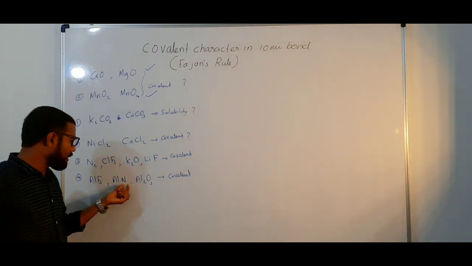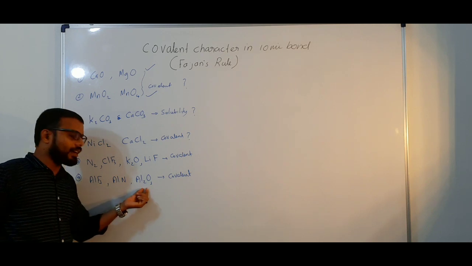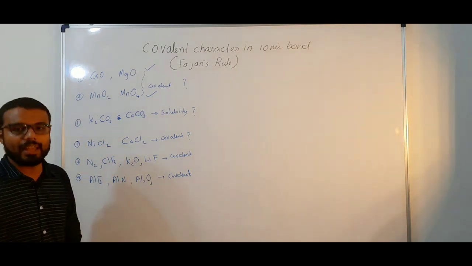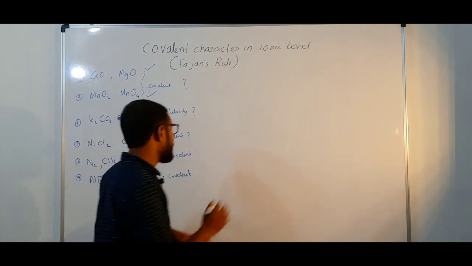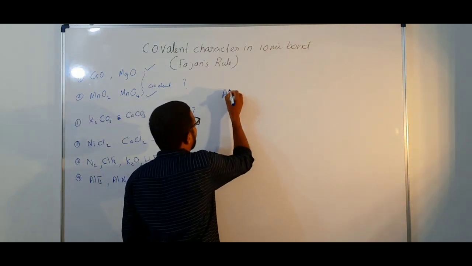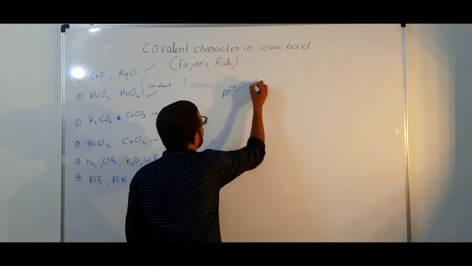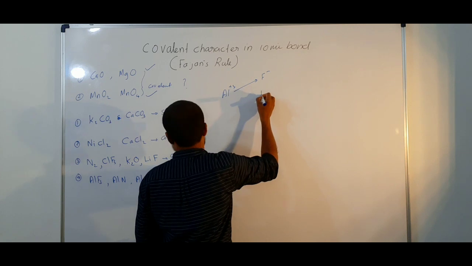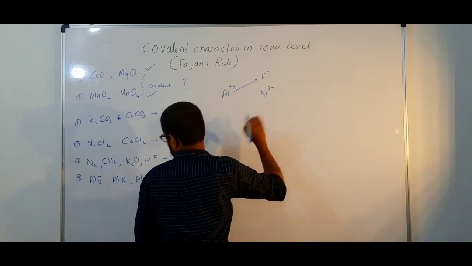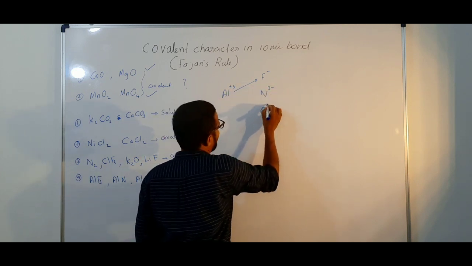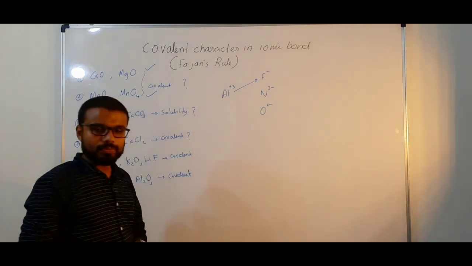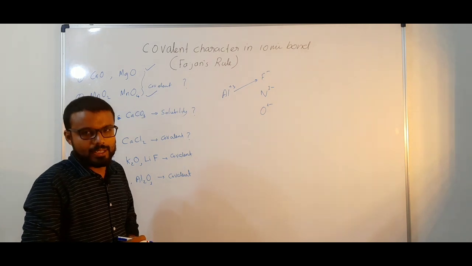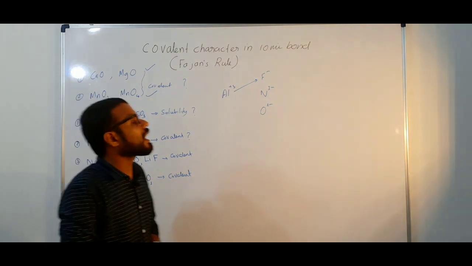Next, the last problem. AlF3, aluminum fluoride, aluminum nitride, aluminum oxide. Arrange in the increasing order of their covalent character. So, here see aluminum plus 3 is there. What are the anions? F minus is there, then N3 minus is there, then O2 minus is there. Which is bigger in size? Okay, so this type of species are called isoelectronic species.